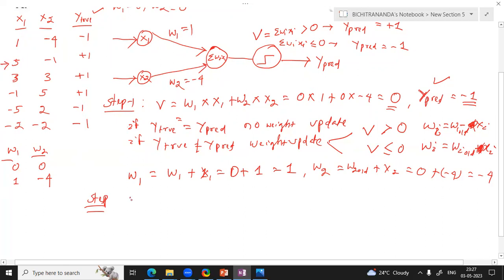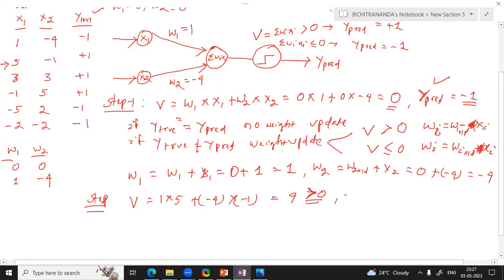The summation value is w1 equal to 1 into x1 equal to 5, plus w2 equal to minus 4 into x2 equal to minus 1. So the value is 5 plus 4, 9.